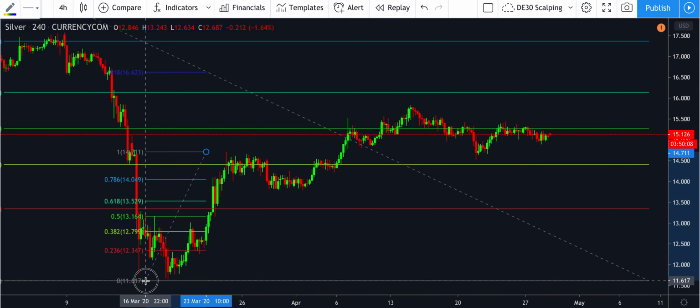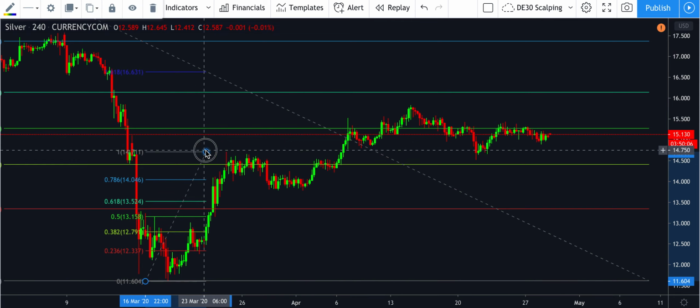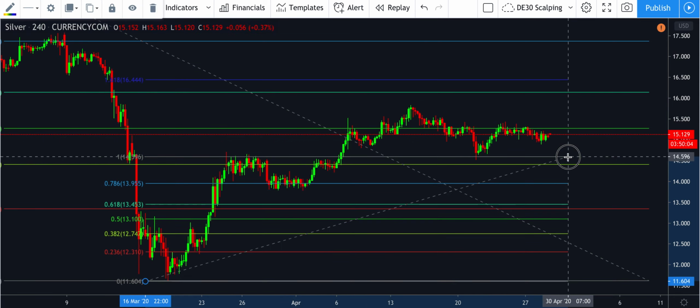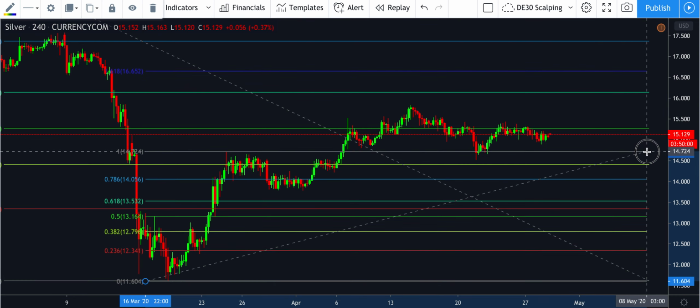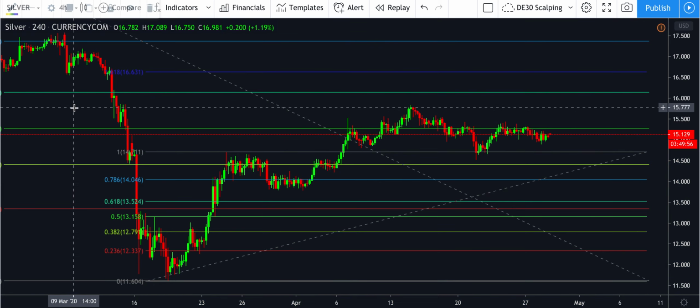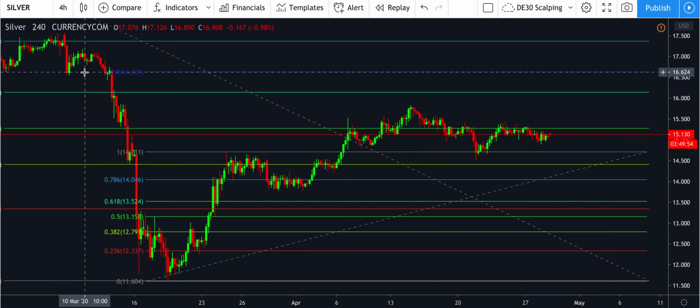Let's get these extensions going and see where they lead us. It will lead us to $16.